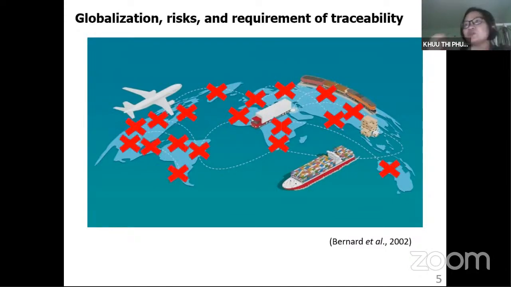Okay, and consumers all over the world start to consider where the food they are consuming comes from. Therefore, traceability becomes the most important requirement in the food industry, not only seafood, but all other food industry all over the world, in our world.